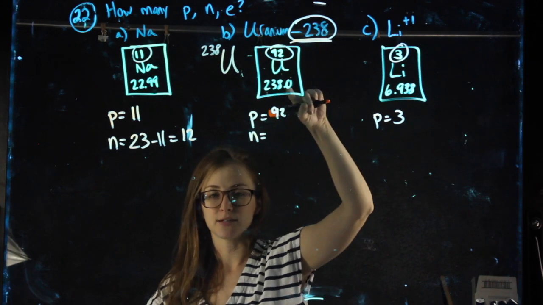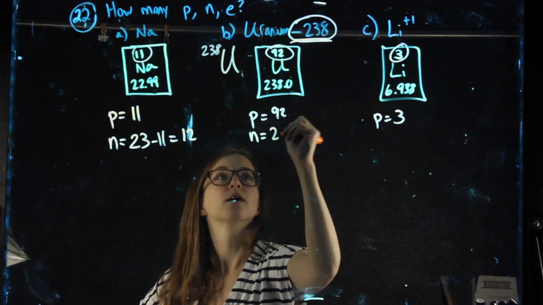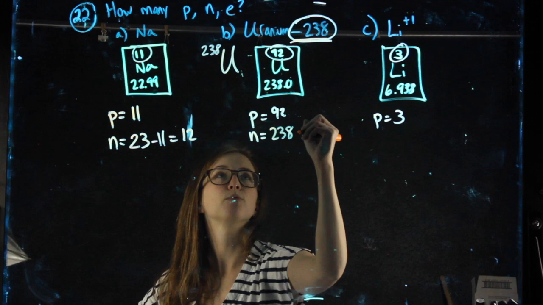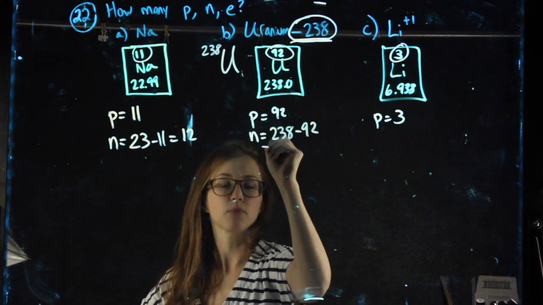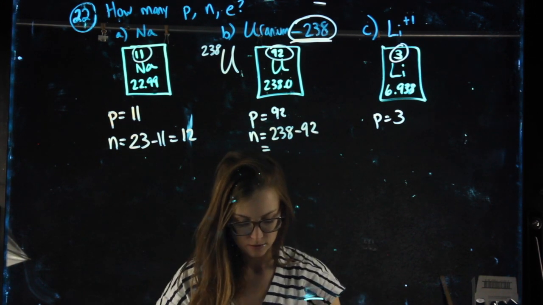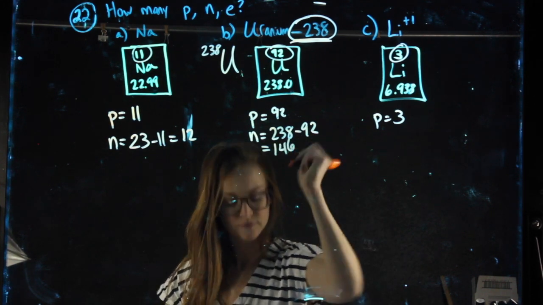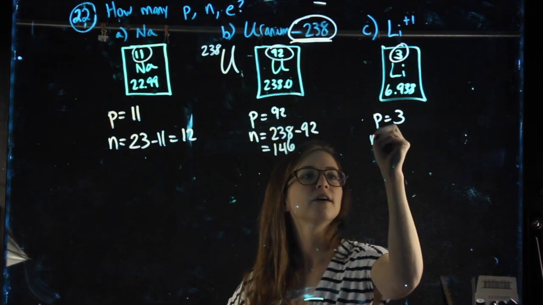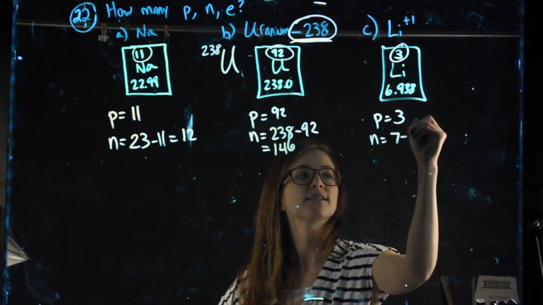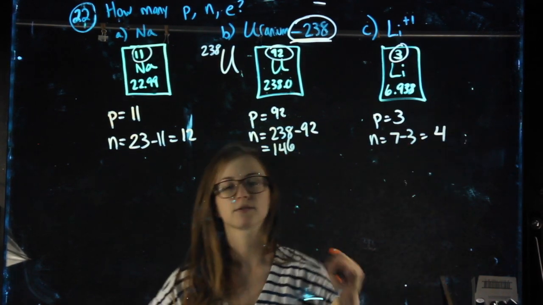Use that mass instead of what's on the periodic table. Still though, to find the neutrons, we do mass minus protons. For lithium, mass is going to round up to 7 minus protons.